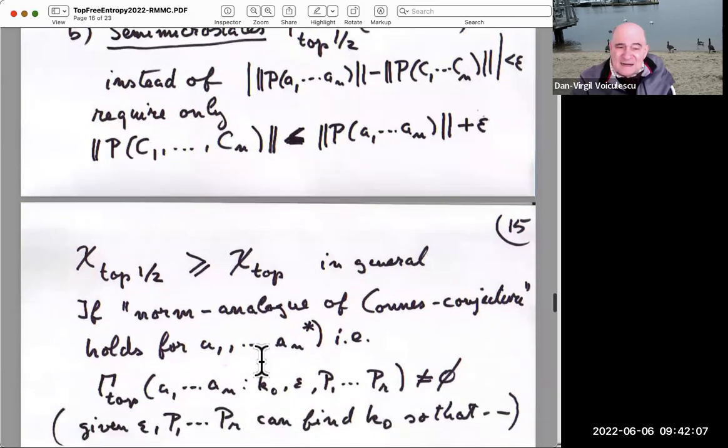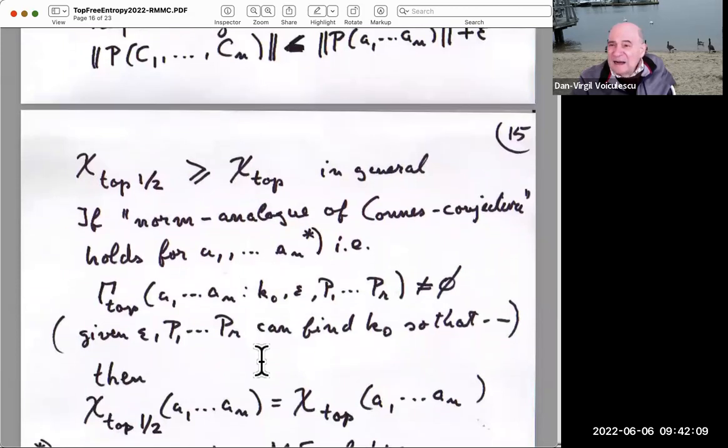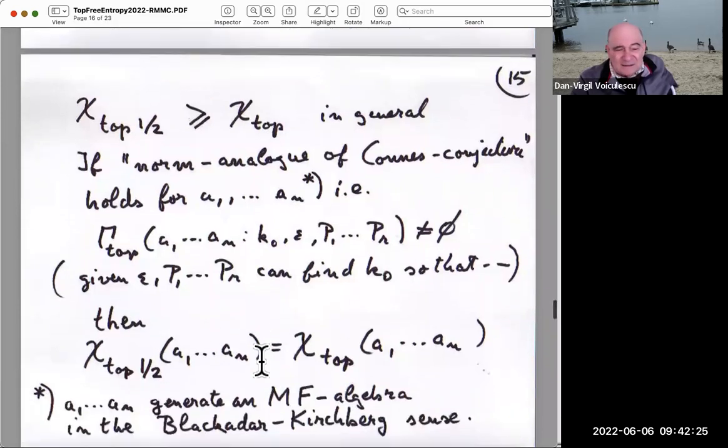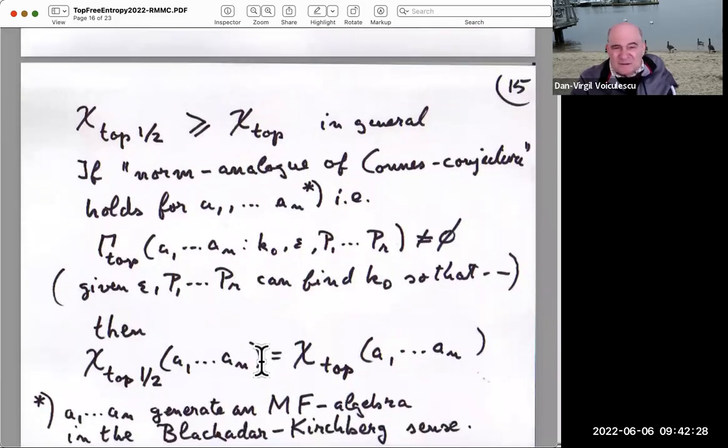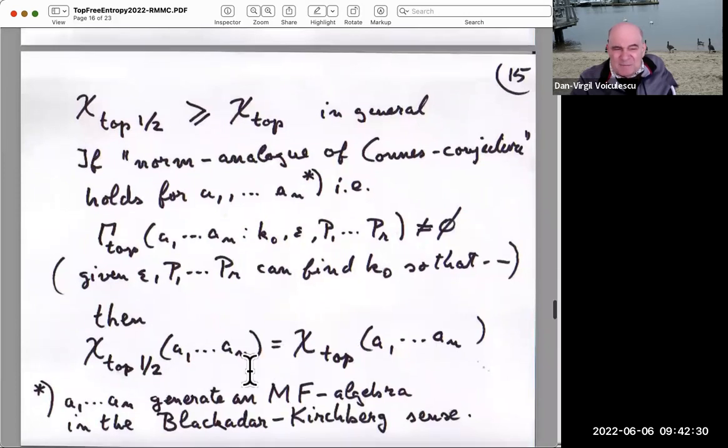But here comes the analog of the Connes embedding conjecture. There is a norm analog of the Connes conjecture for C-star algebras. It has another name, something to do with MF algebras in the Blackadar-Kirchberg sense.